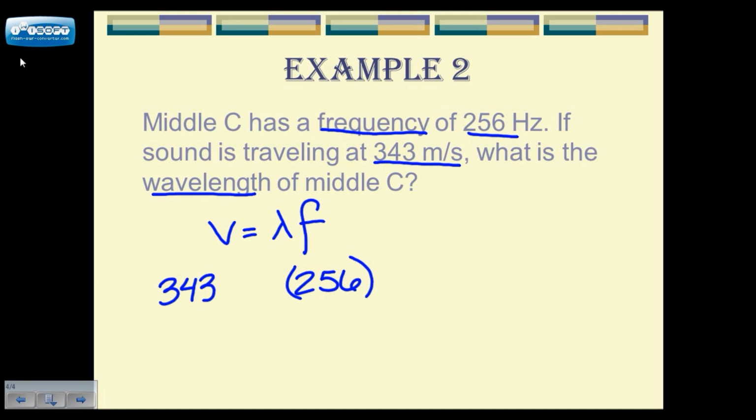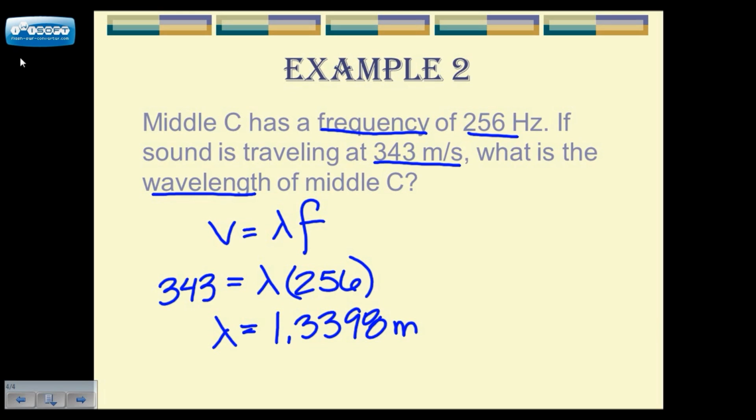Notice, yes, definitely in air, sound is much slower than in water. So then we're solving for lambda. So again, it's just going to be a simple division problem. So 343 divided by 256 gives us a wavelength of 1.3398.